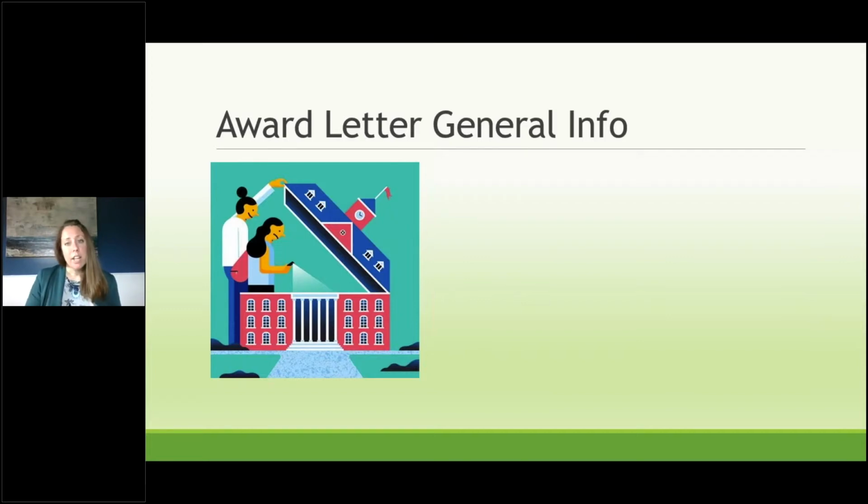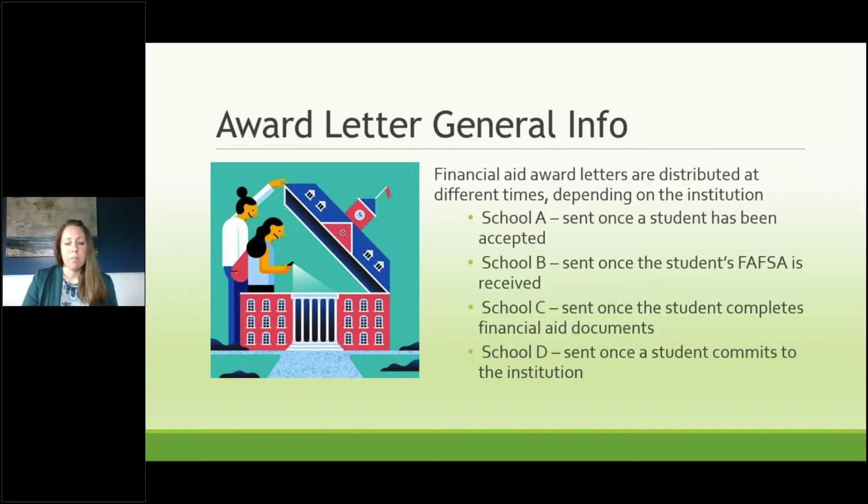So on the basic end of things, an award letter is information that goes out to students, and it tells about the general cost of attending a college. Now, when these are sent is very different from one school to another.